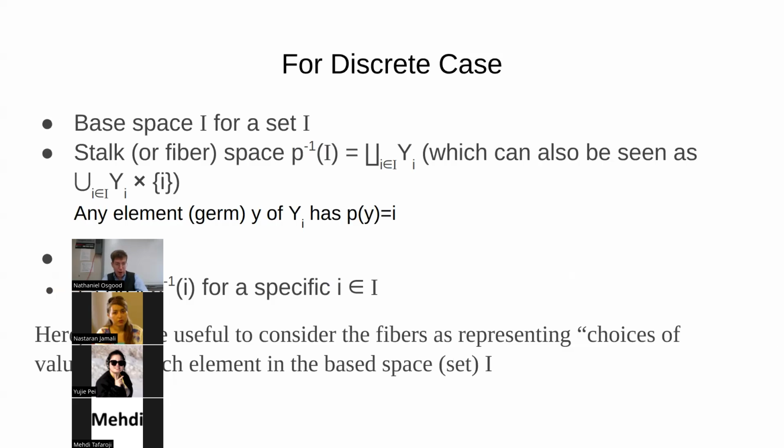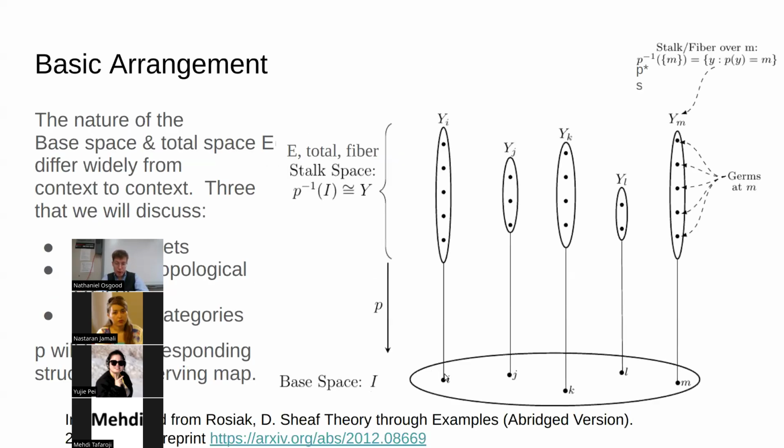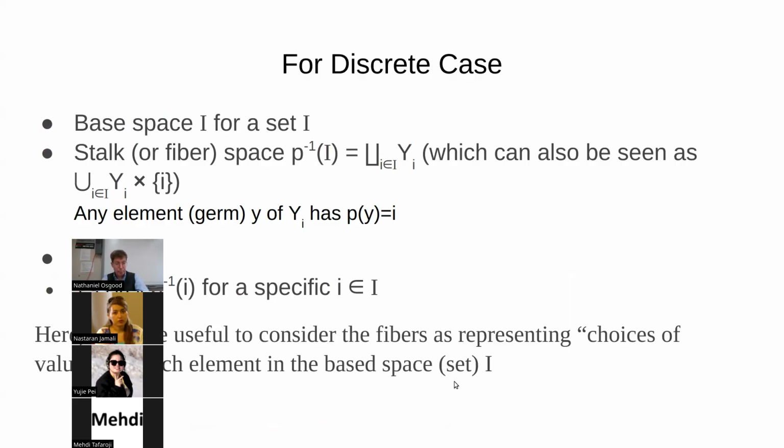And Y sub I, and this is important, is just the inverse image or pre-image of I for P, right? It's all the things that map to I. Are we comfortable with this? So these are all the things that map to I. Okay.